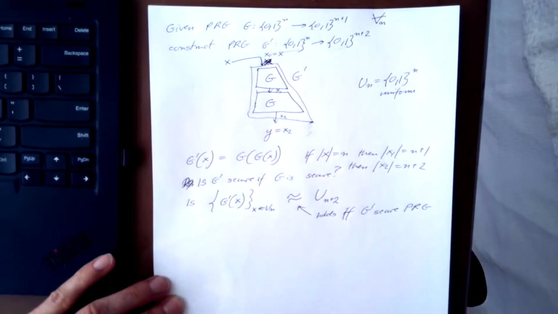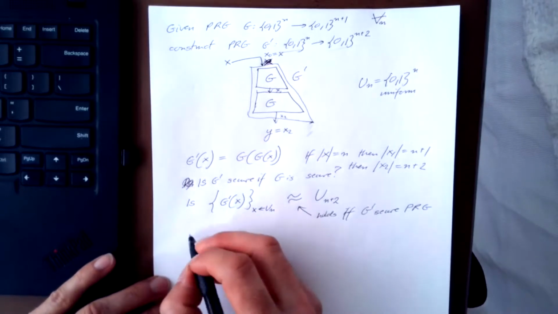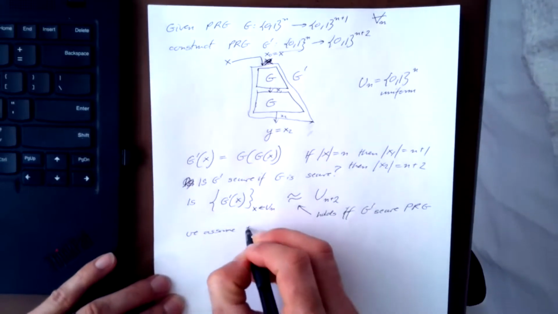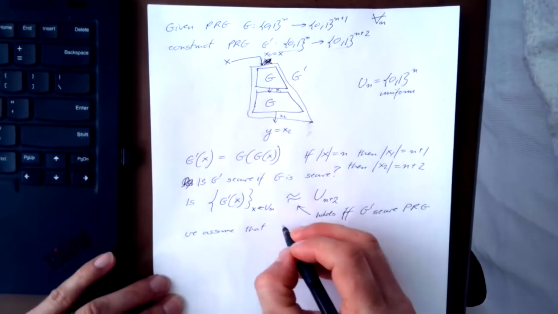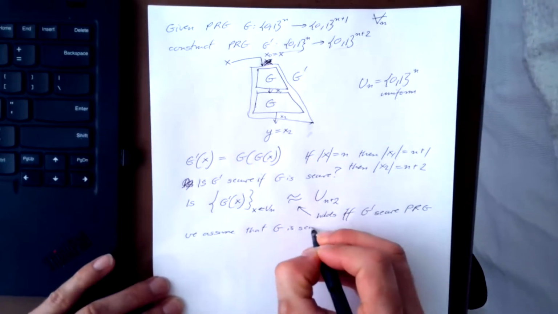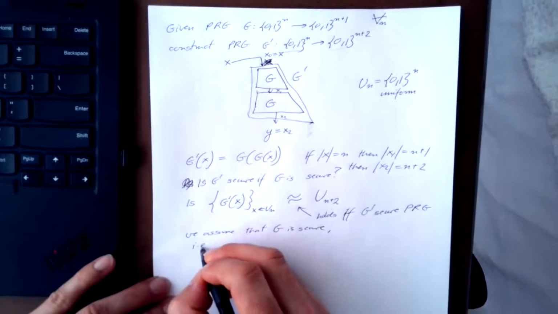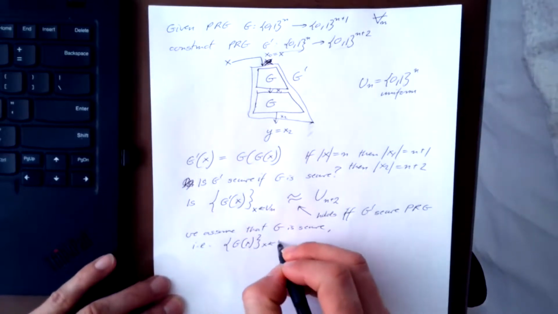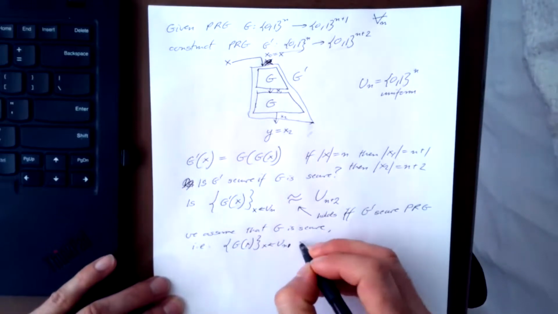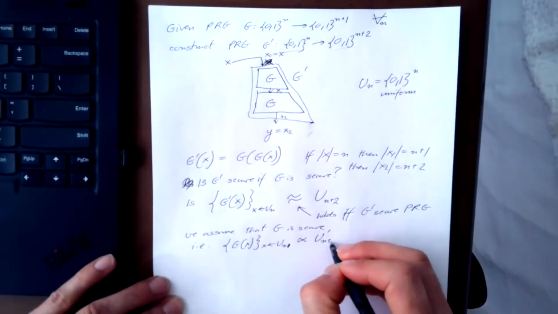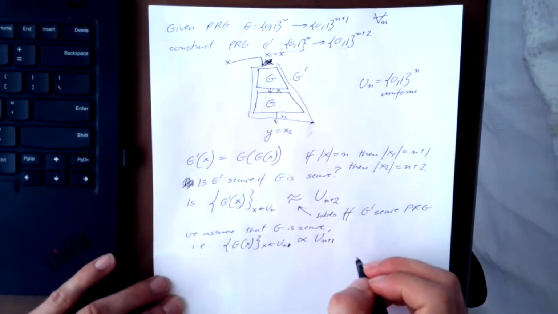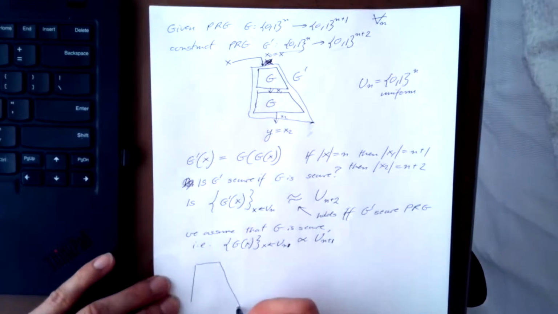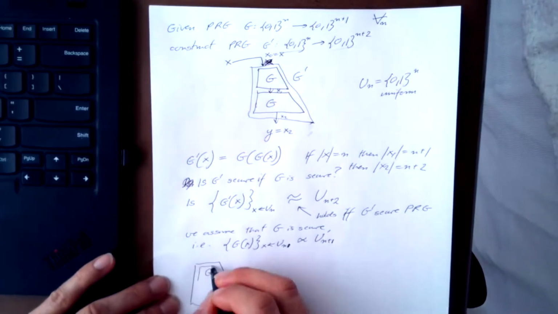What do we know? We assume that G is secure, i.e. that G(x) for x in Un is indistinguishable from U n plus 1. So let's do the following experiment.